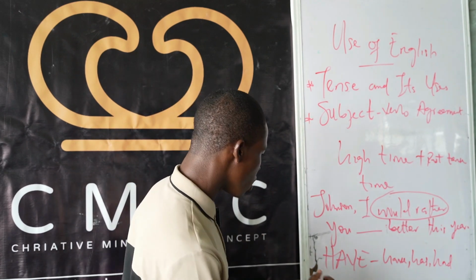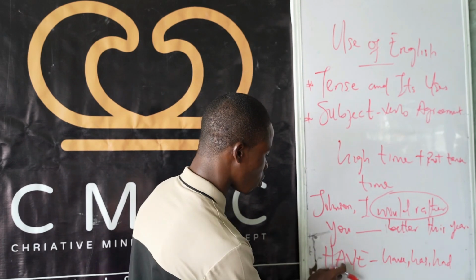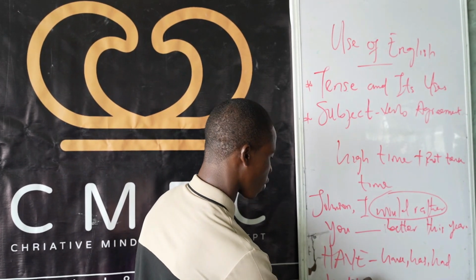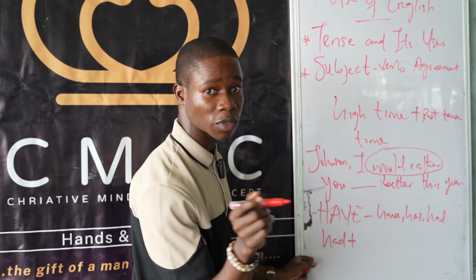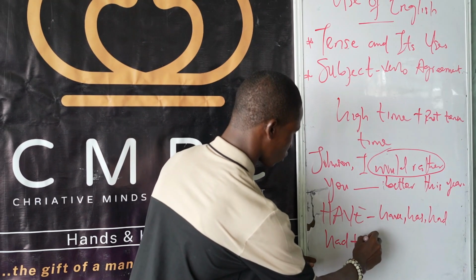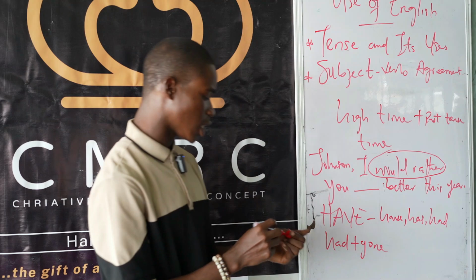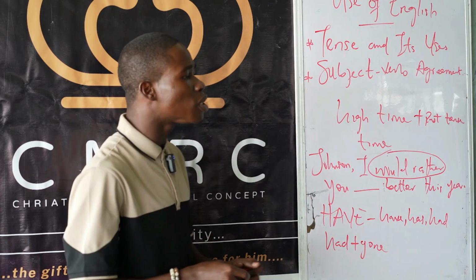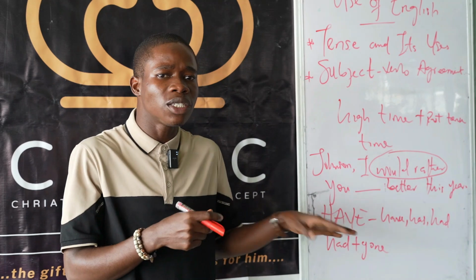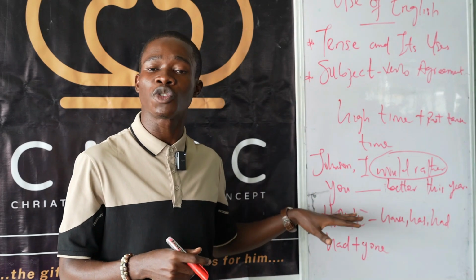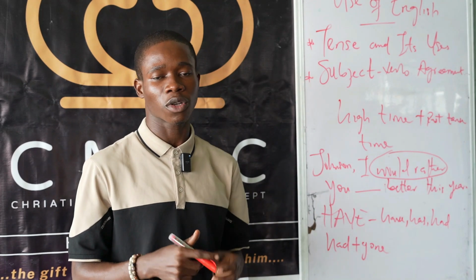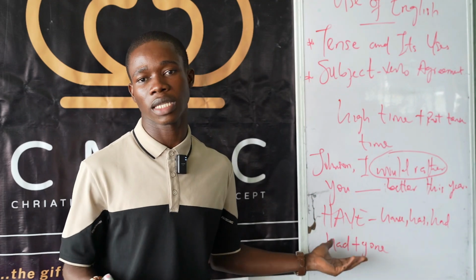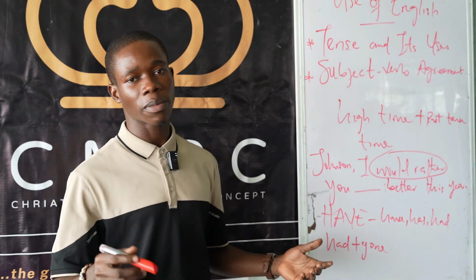Now, when you have the past form of this, which is had, plus that past participle form of go, which is gone, had gone. This is past perfect tense. Now, how do you use the past perfect tense? This is so much concerned with tense sequence because some don't understand it and they just use this tense wrongly. Let me give you a sentence.